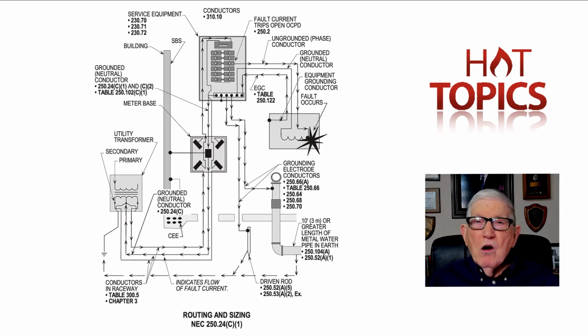It'll refer you automatically to 200.6 to identify or color code the neutral or grounded conductor. 310.10 will also, I think, refer you over to 250.119 to color code or identify your equipment ground. It'll also refer you over to size your ungrounded conductors. Not necessarily size them, but color code or identify them in accordance with the branch circuit or a feeder.